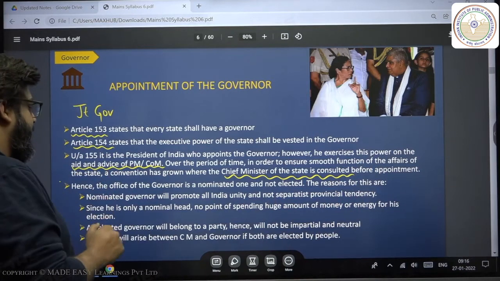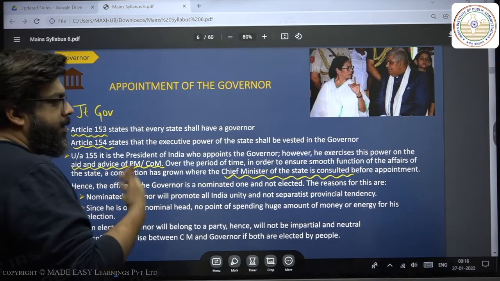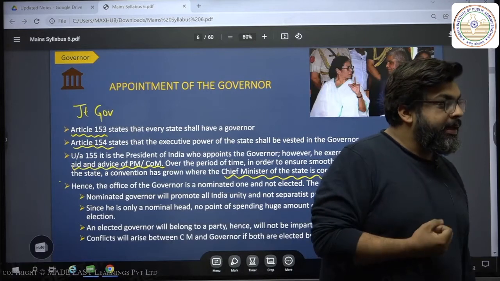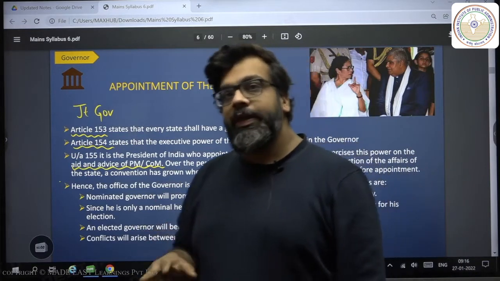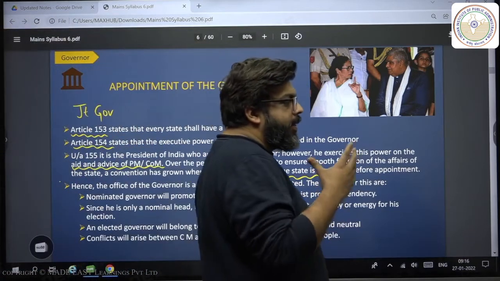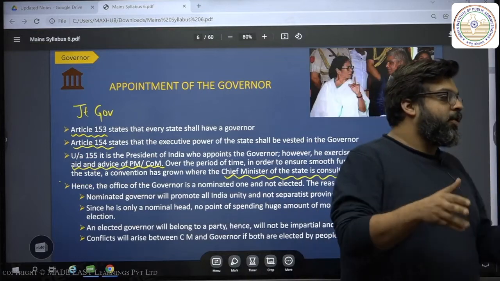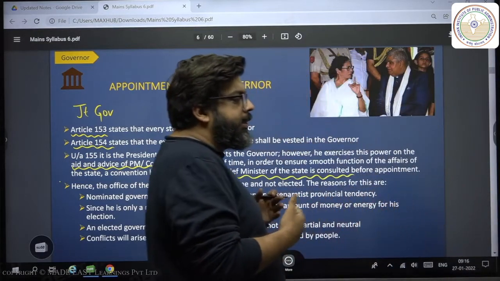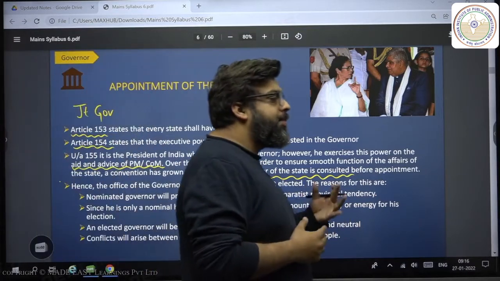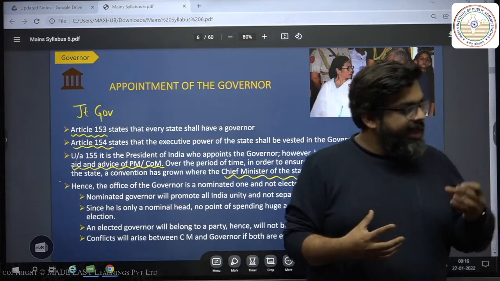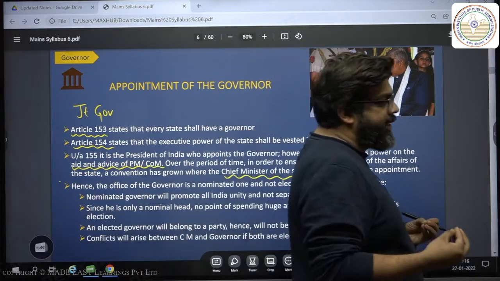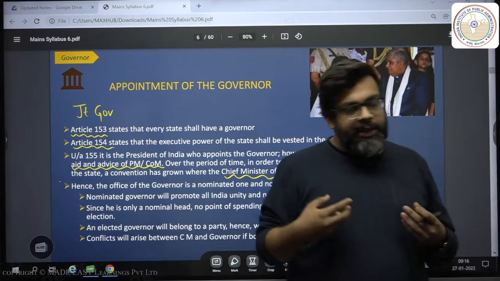And at the end of the day, there will always be conflicts between the chief minister and the governor if both of them have been elected by the people, as there will be a duality of leadership at the states, and the people in the state will therefore have a divisive way to look at it. And if you think about it, this would create a juxtaposition of a parliamentary and a presidential form, if the head of the state in a state and the legislatures of the state both are directly elected by the people.